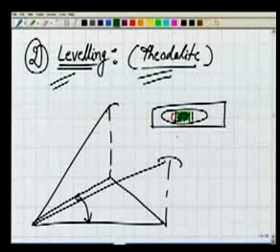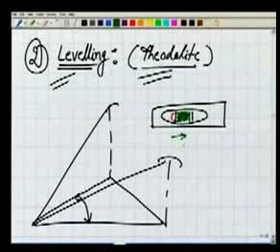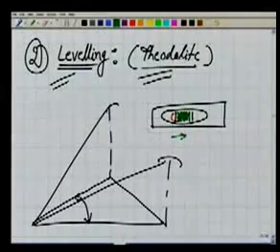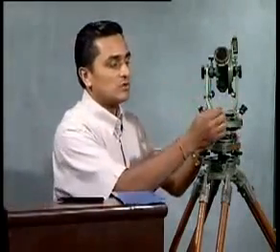So the bubble needs to be moved on this side in order to make this bubble tube leveled. And we have seen this already, that the bubble tube is a part of a large circular tube. And why is it so? Because then only will the bubble be formed, and then only with the movement of the bubble tube here and there, the bubble will move here and there.